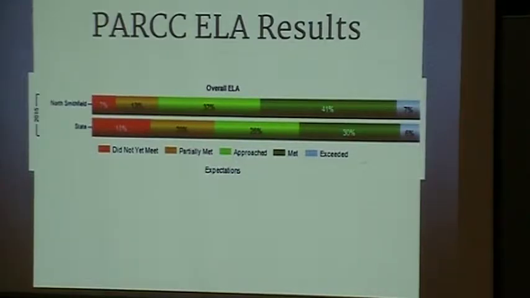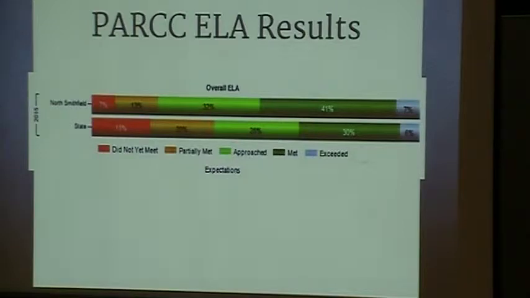So here are our results. Now I'm going to slow down a little bit. When you look at our results, you can see the red is did not meet, the gold is partially met, light green is approached the standard, the dark green is met the standard, and the blue is exceeded the standard. The standards are high, so exceeding the standard is pretty impressive for any student.